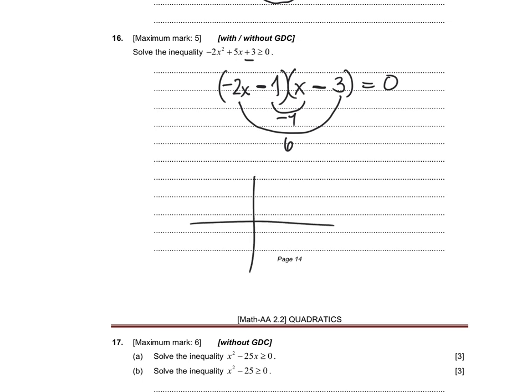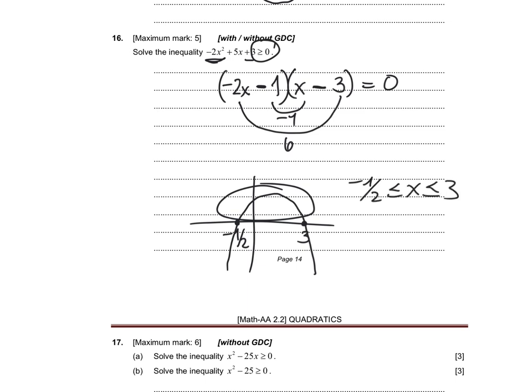So that's going to be at positive 3, and we will have negative 1/2. So in this case, it opens downward because that's a negative a. So it's greater than 0 between negative 1/2 and 3, greater than or equal to.